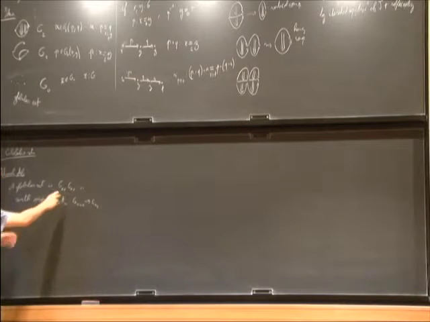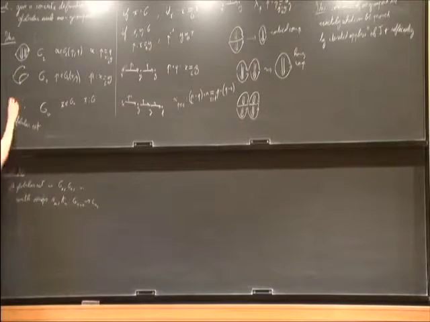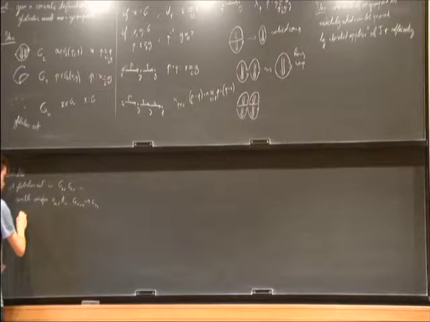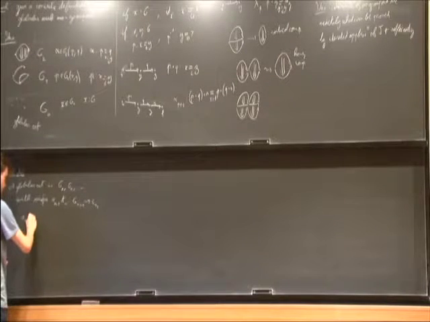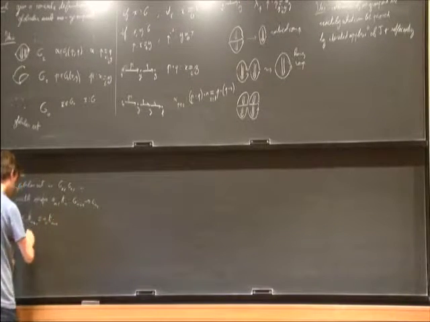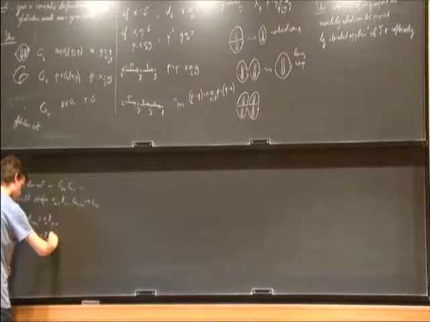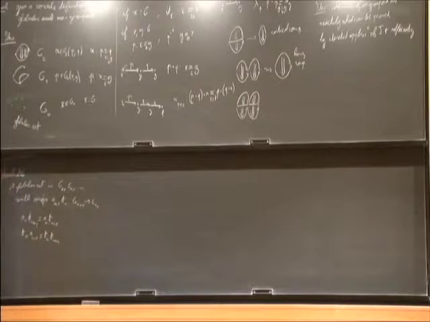And we need to express the fact that cells must be parallel. So for instance, if you take a two-dimensional cell, you take the source and then again the source, it should give the same thing as if you take the target and then the source. So you have the condition that the source of the source is equal to the source of the target, and the target of the source is equal to the target of the target.